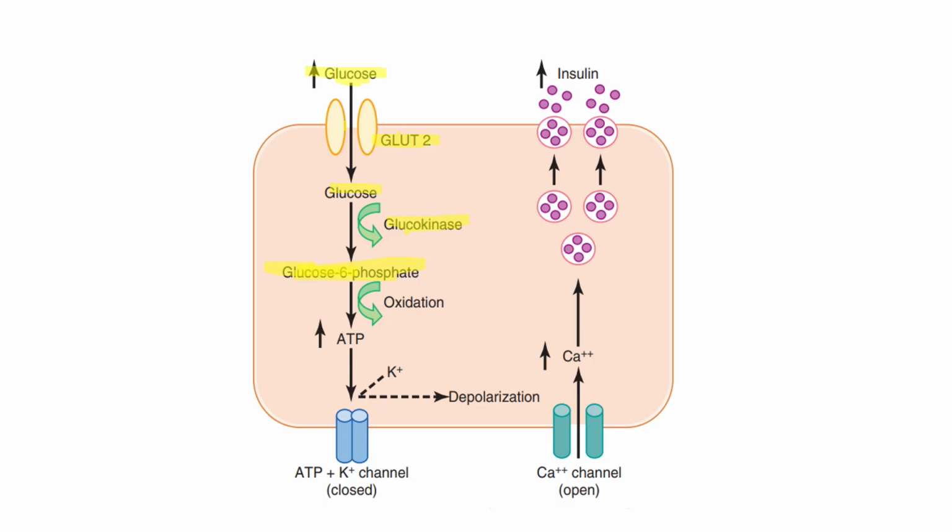And glucose 6 phosphate is oxidized through cellular metabolism, and there is production of ATP, increased ATP. Then this increased ATP closes the ATP sensitive potassium channels that are present on the membrane, and this closure of these channels results in depolarization of the cell membrane, and depolarization of the cell membrane opens up calcium channels.